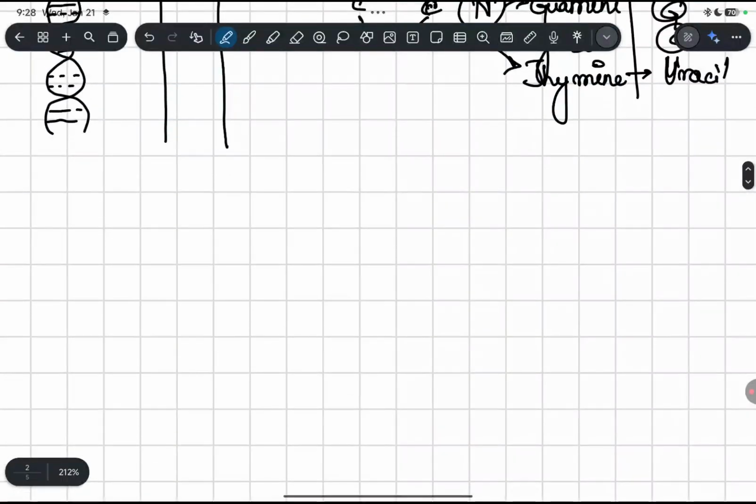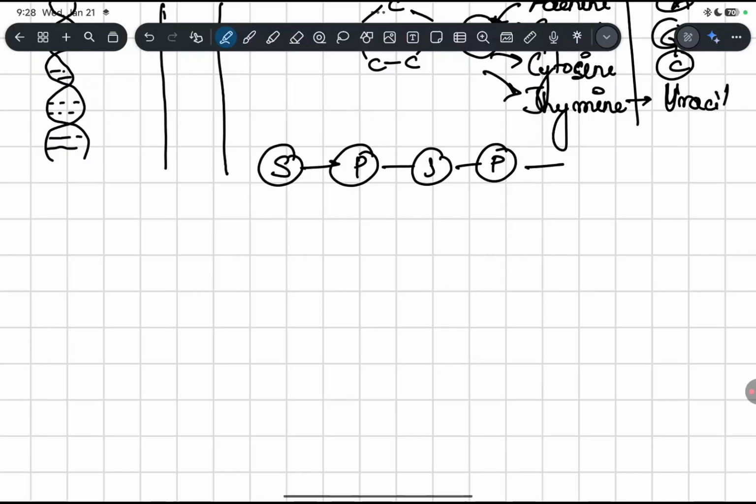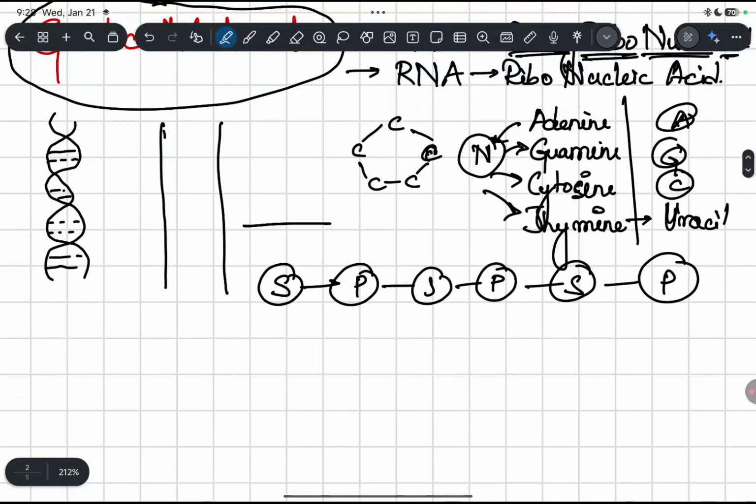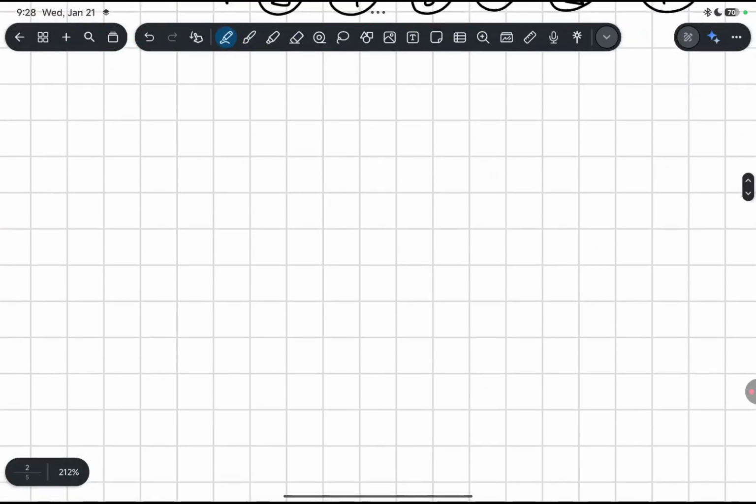I'll draw the diagram as well. They are present in a series, in a sugar phosphate manner, right? There will be one sugar, then one phosphate, then another strand, and within that we'll have double bonds and triple bonds of these nitrogenous bases. I'll just draw it and show you.